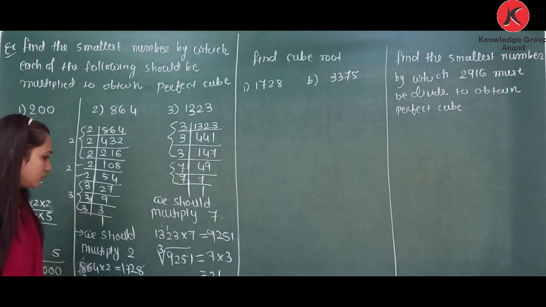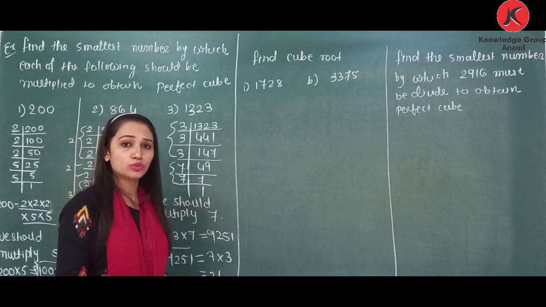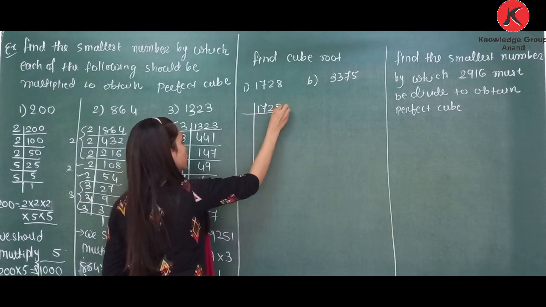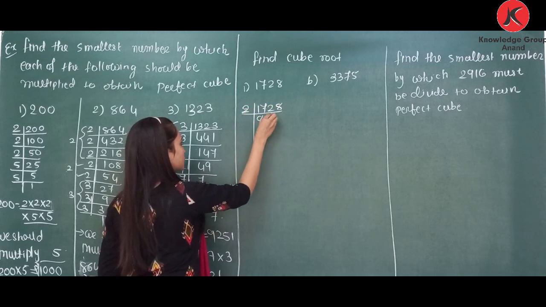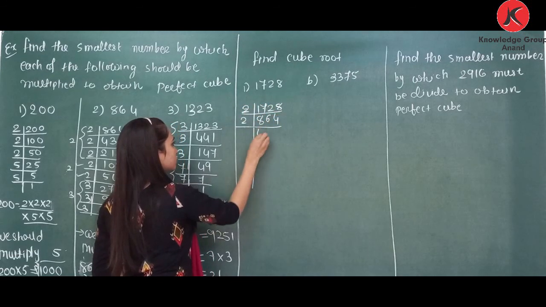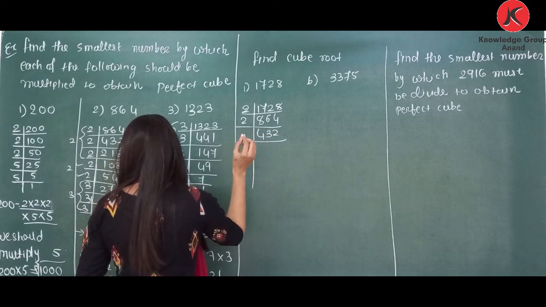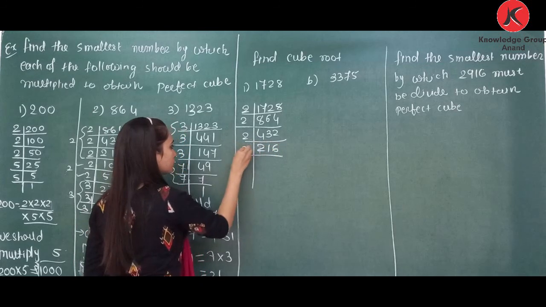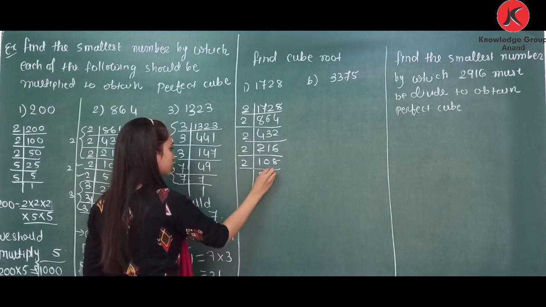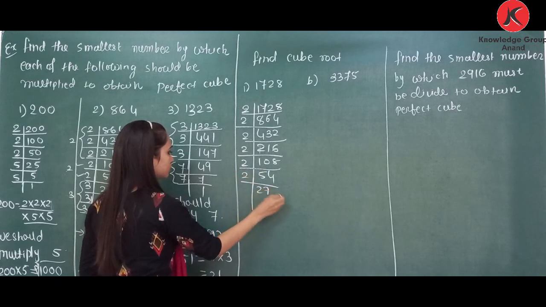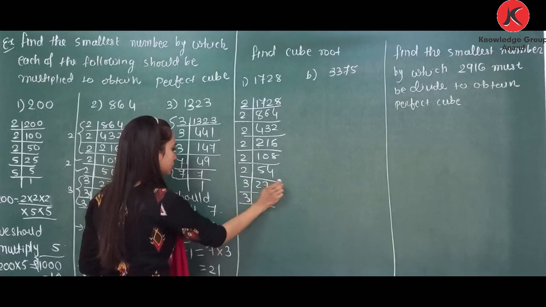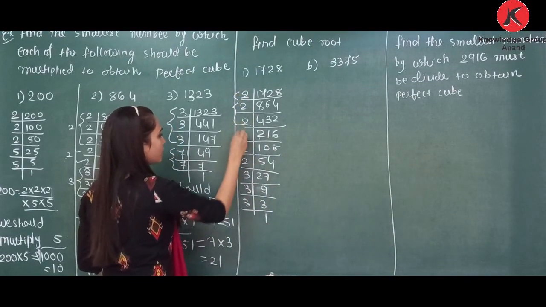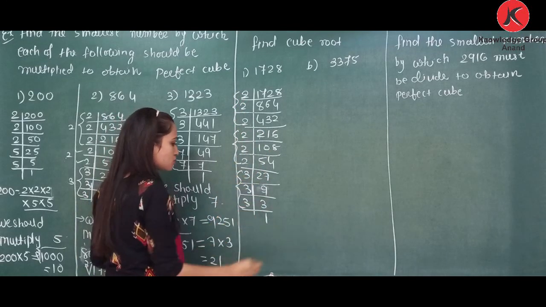Okay, now next one. Find the cube root of the given number. So factorize it to find the cube root. 2 is also in a group of 3 and 3 is also in a group of 3.